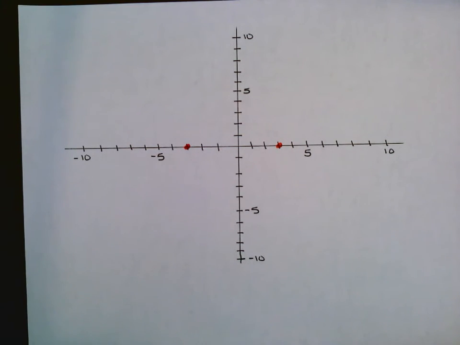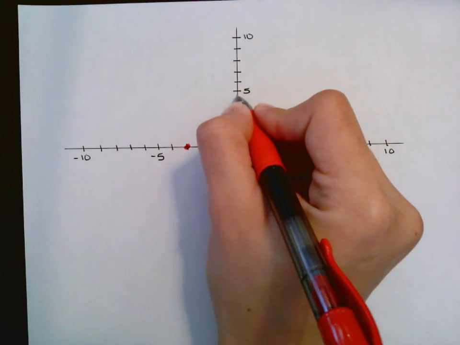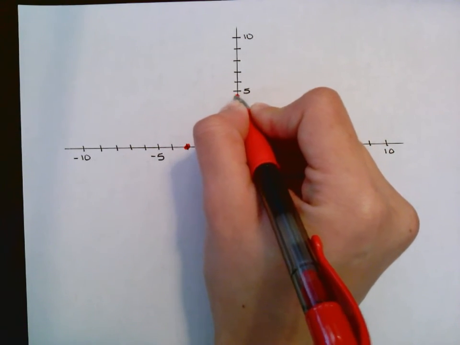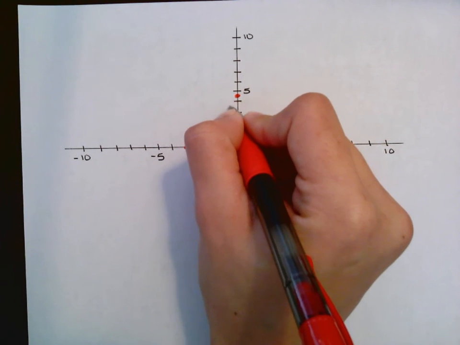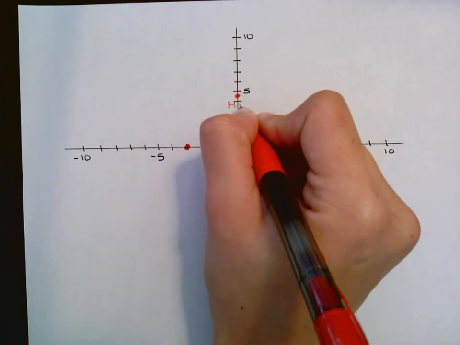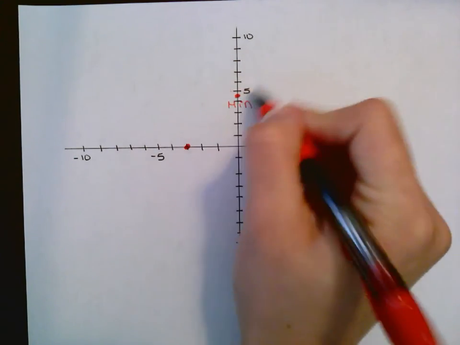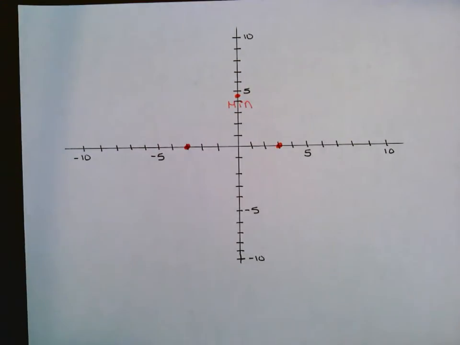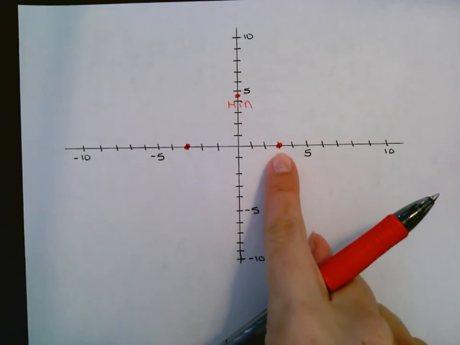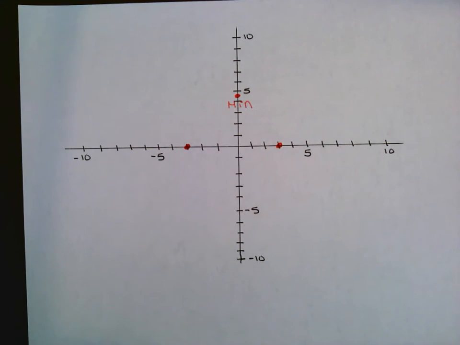I also know that at 9/2, which is 4.5, I have a y-intercept. Now that also happens to be my min. So if it's a min of something, I'm going to write the word min underneath because I know it'll be the lowest point of something happening here. Okay? Now, I do know that it's going to be symmetric, so you can already see that what's happening on the right is happening identical on the left.